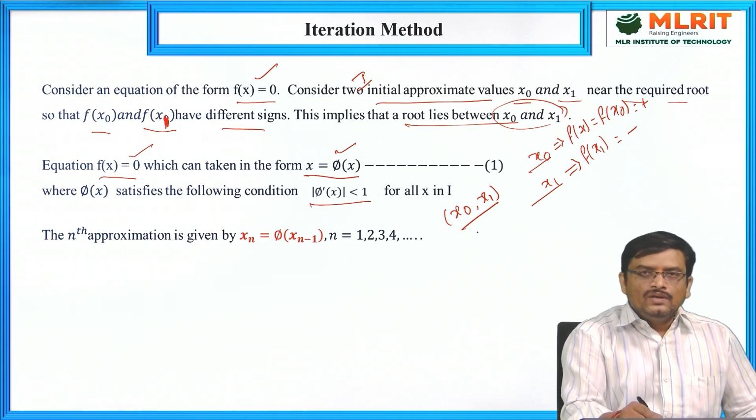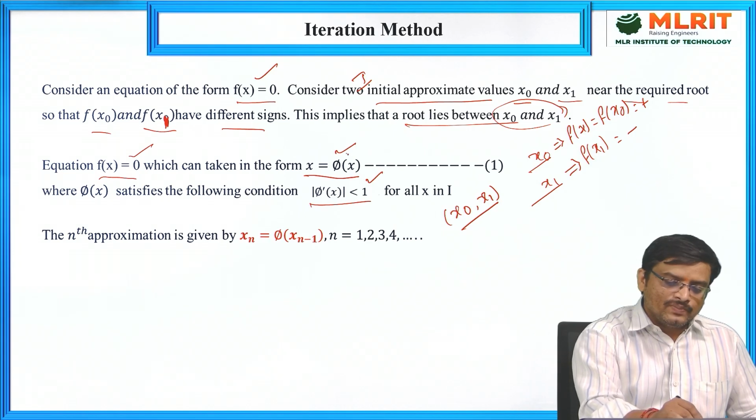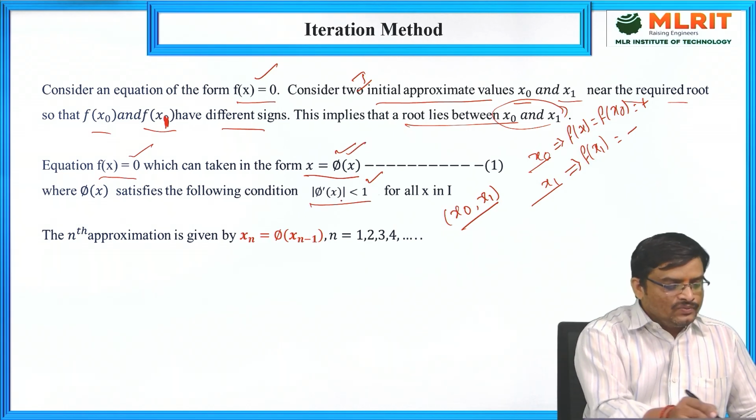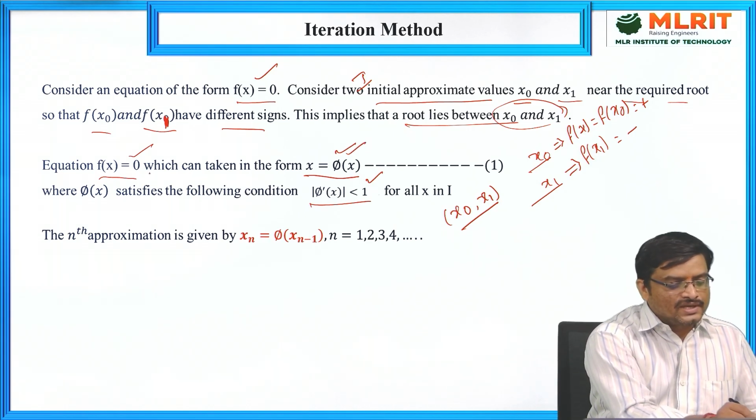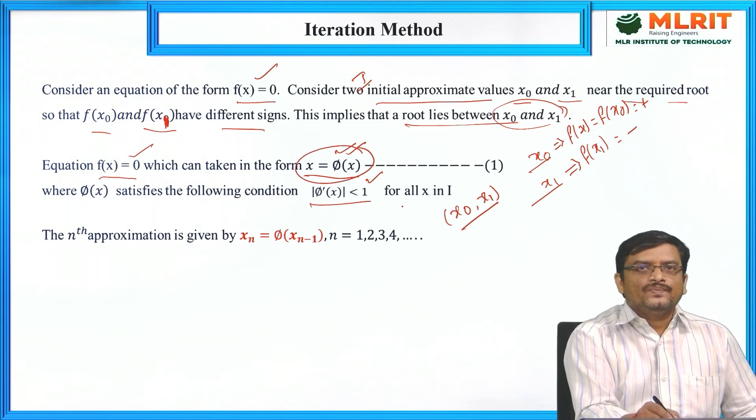If you take any value in this interval, this condition has to be satisfied by phi of x. Like that, we have to convert f of x is equal to 0 into the form x is equal to phi of x.